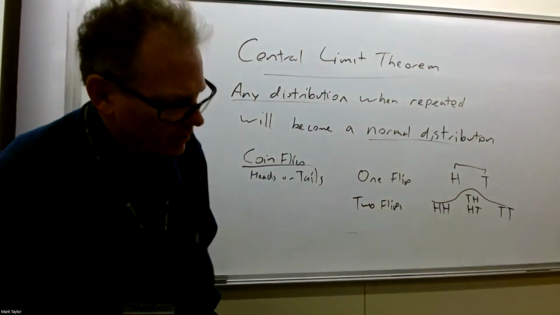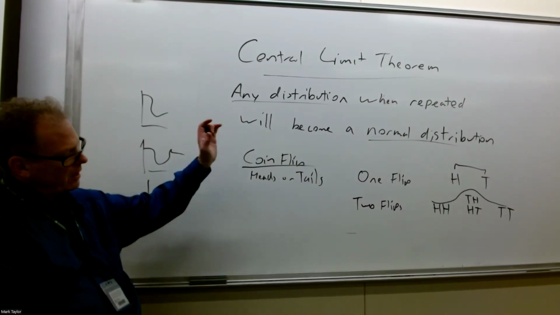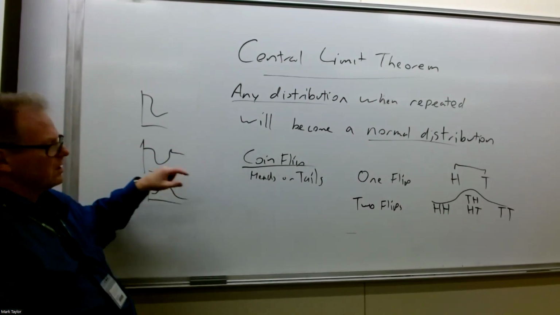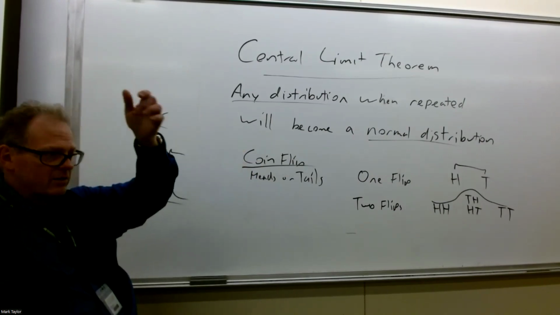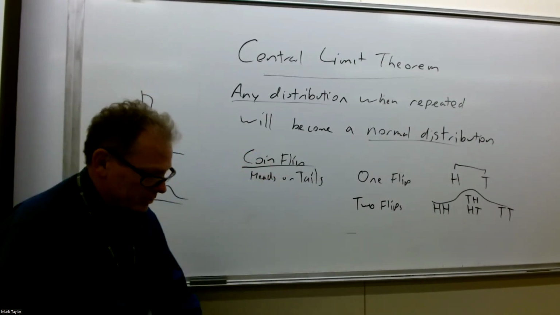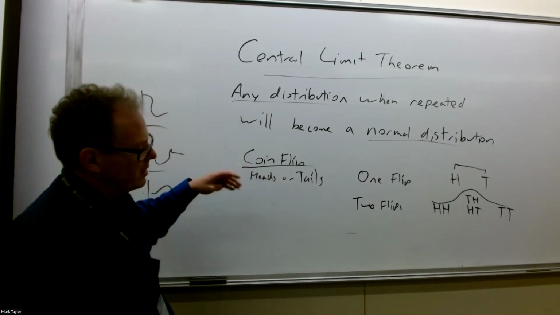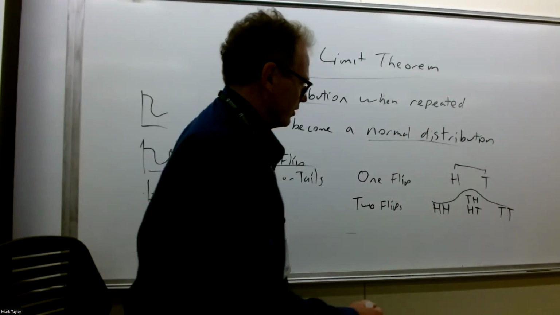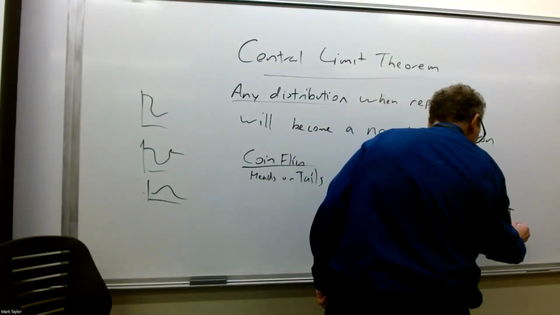And that's why the central limit theorem is so important, because any distribution, no matter what it looks like, if you do it enough times, it's going to end up looking like that. And that's why in stats class, they beat up that normal distribution so much, because repeated distributions will end up looking like that. So you'll have this 25%, 25%.